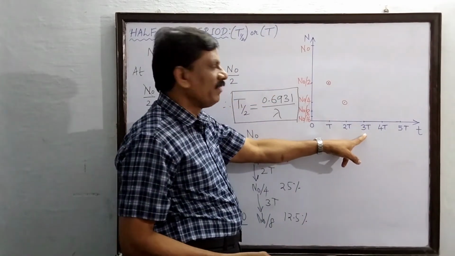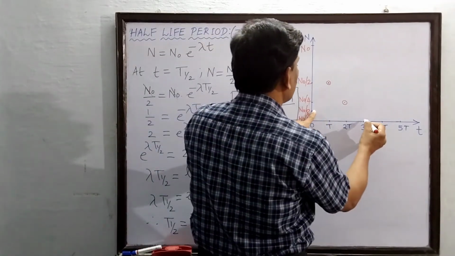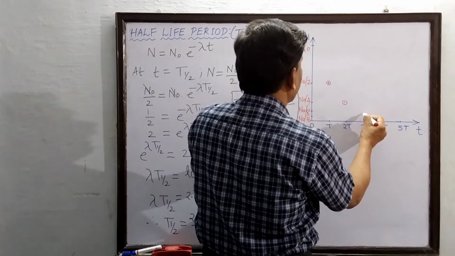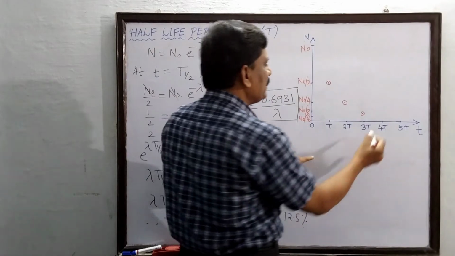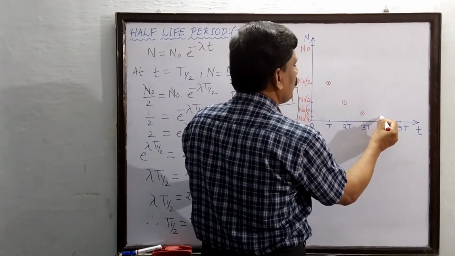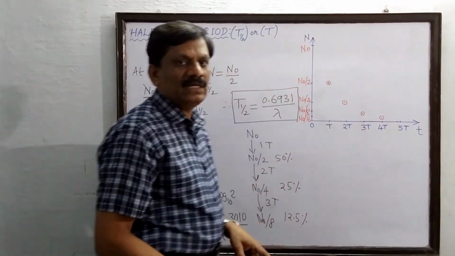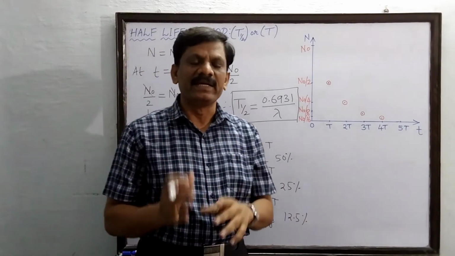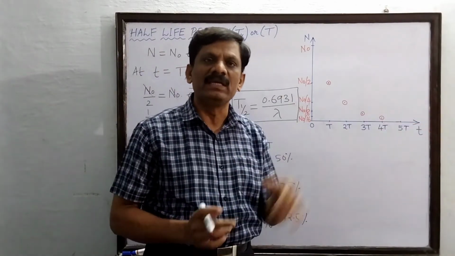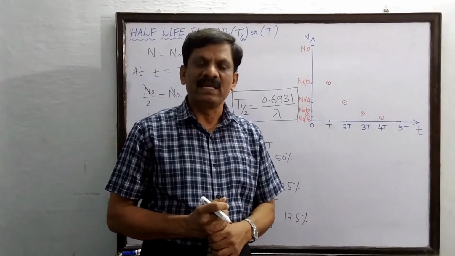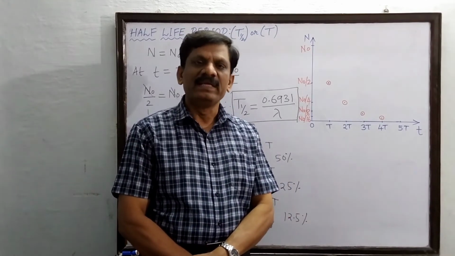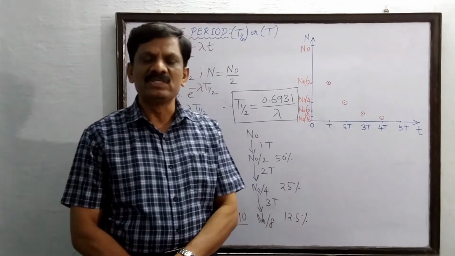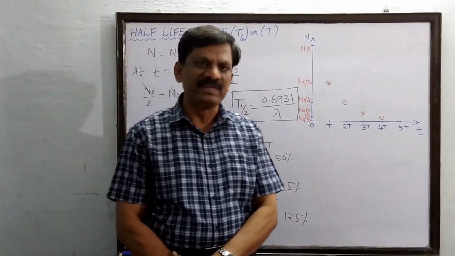Then after three half-lives, it is N0 by 8, so I keep the point here. And N0 by 16, like this, it is coming very close to the x-axis. How much time will it take for 100% to decay? That cannot be calculated, because the time taken for 100% of the sample to decay is equal to infinity.